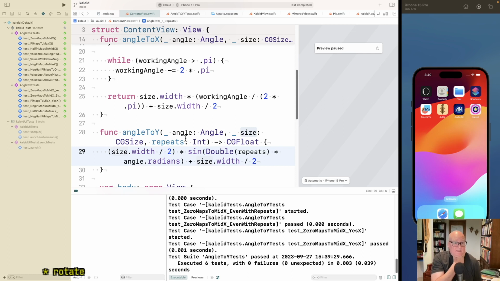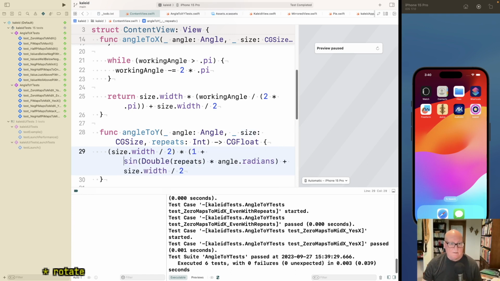So I guess I could rewrite that as size of width over 2 times sine of this plus 1. I don't think that conveys anything better. Maybe 1 plus sine is either 2, 1, or 0. That might mean more.